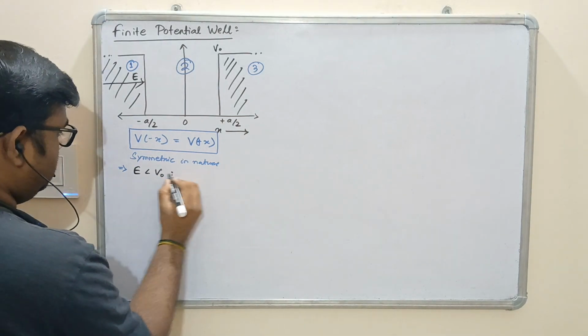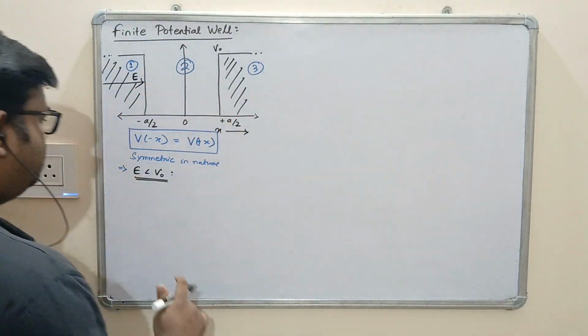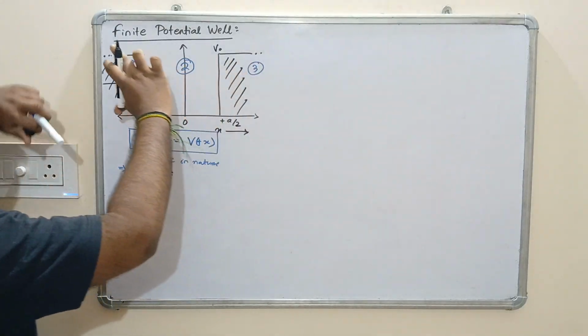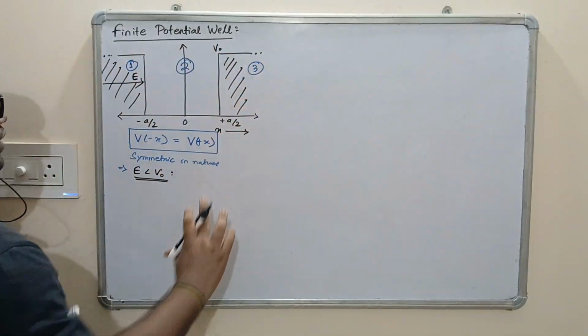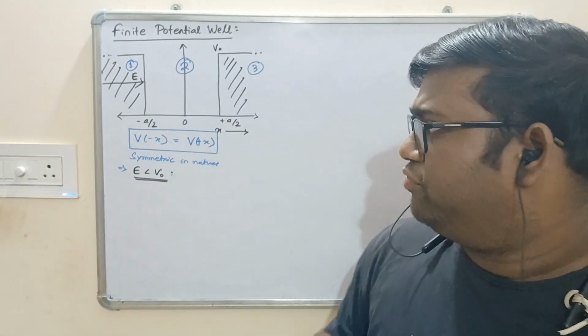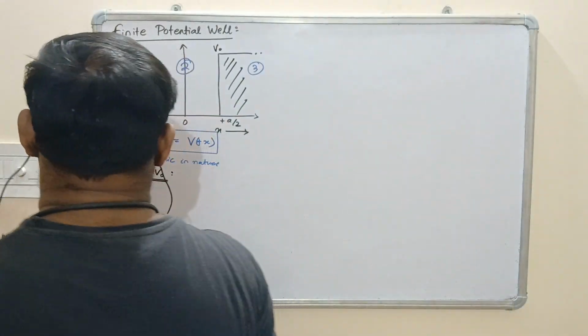Now here it's a very simple thing to do. This is region 1, this is region 3. Region 1 and region 3 will give us exactly the same value of our propagation vector. So let's calculate it.